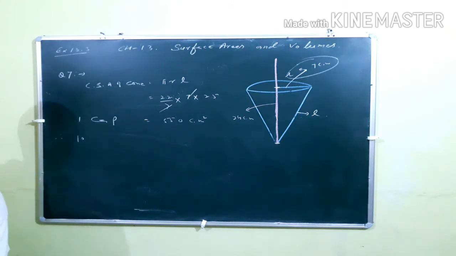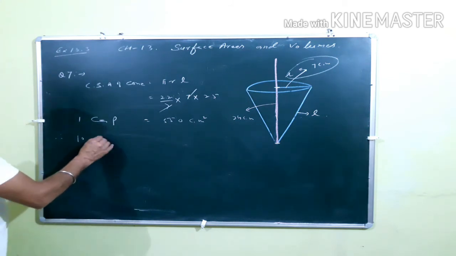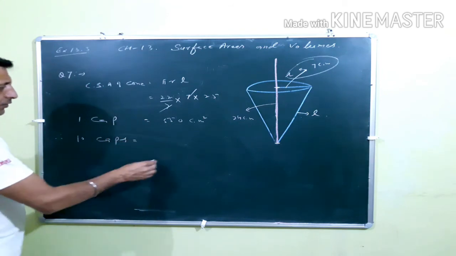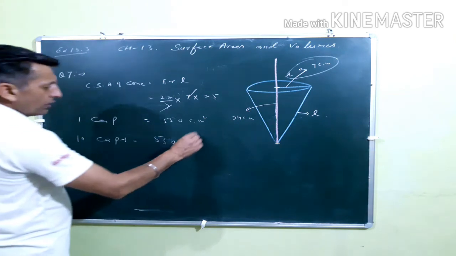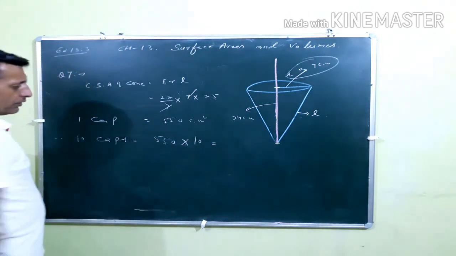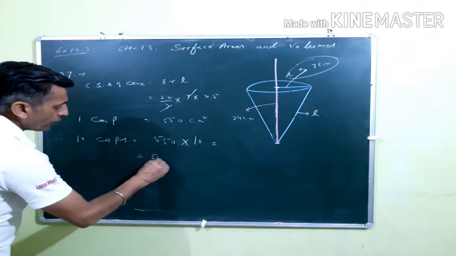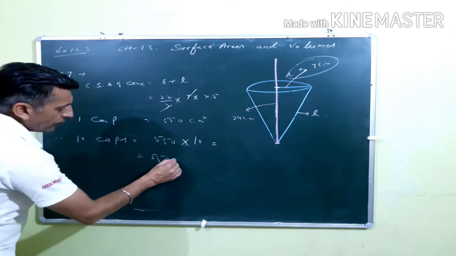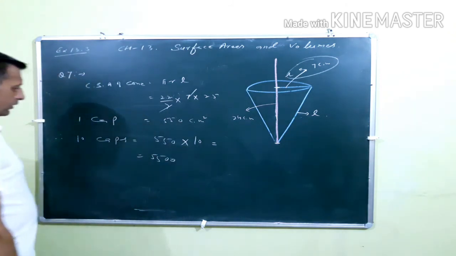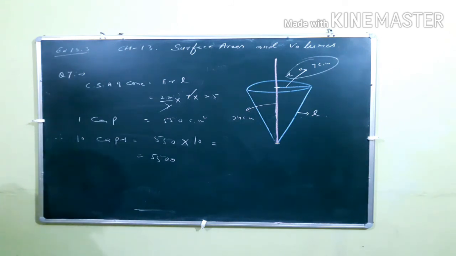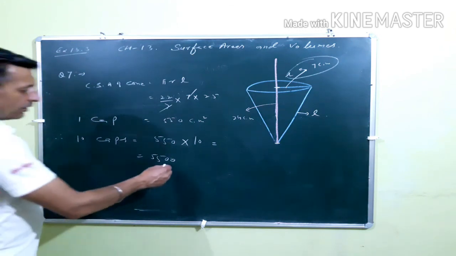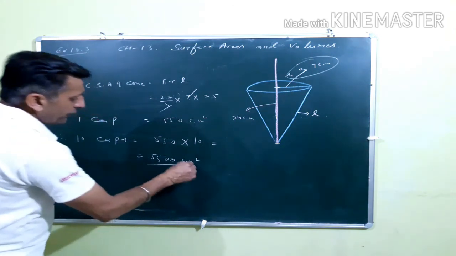Therefore the area for 10 such caps is equal to 550, the area of one cap, into 10, which is equal to 5500. This is the total area. He asked to find the area of the sheet required, so that is equal to 5500 centimeter square. That's all.